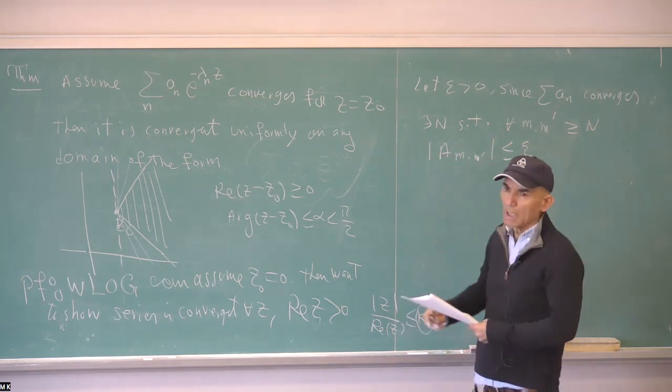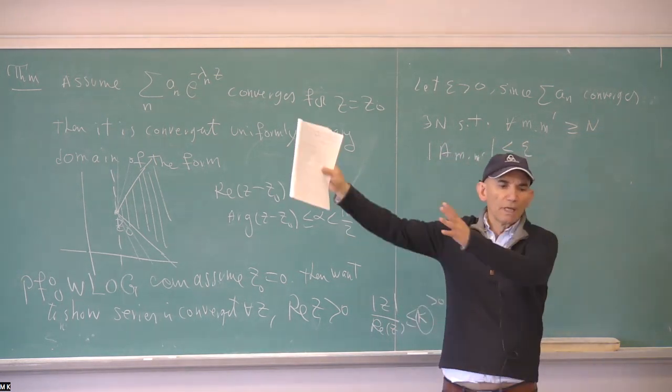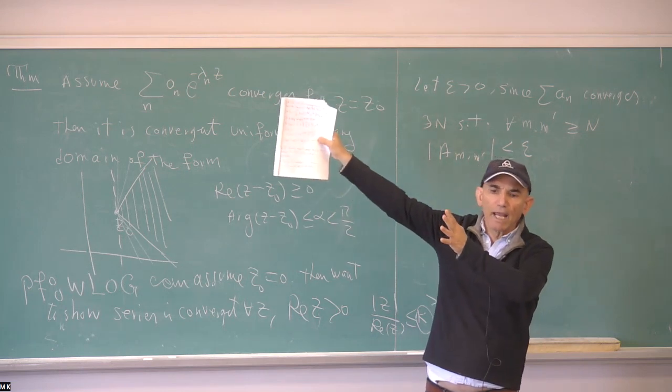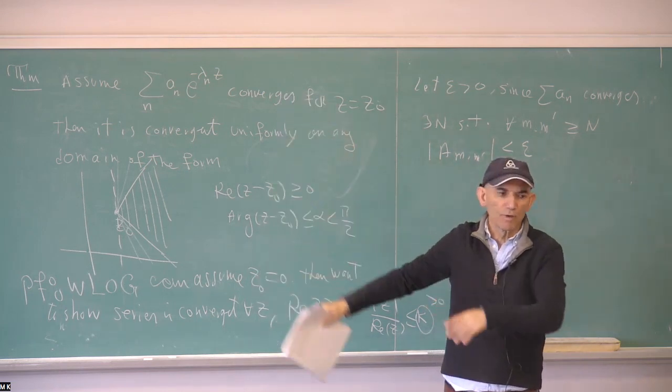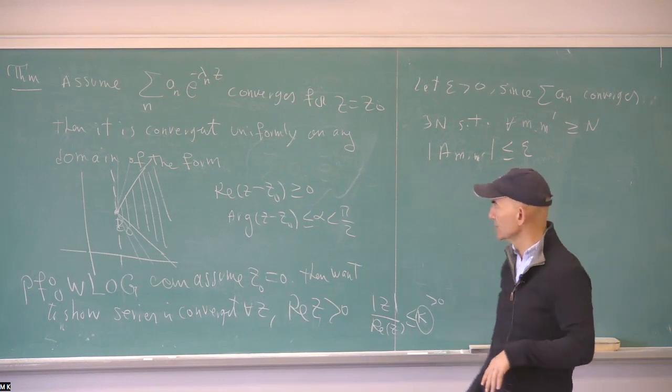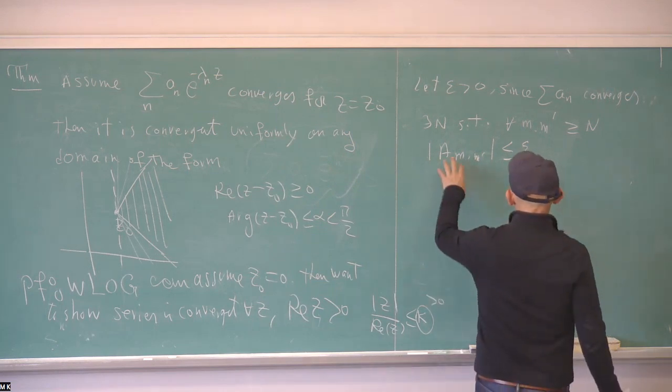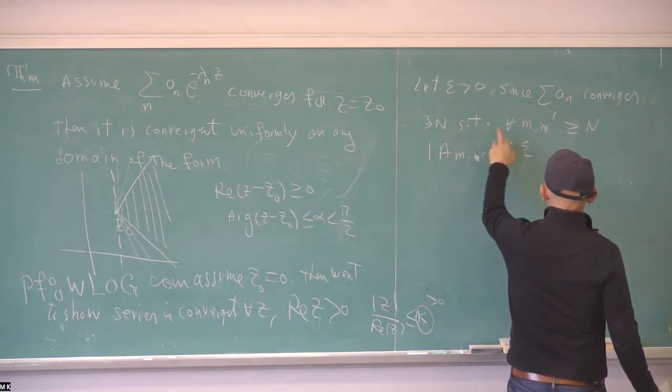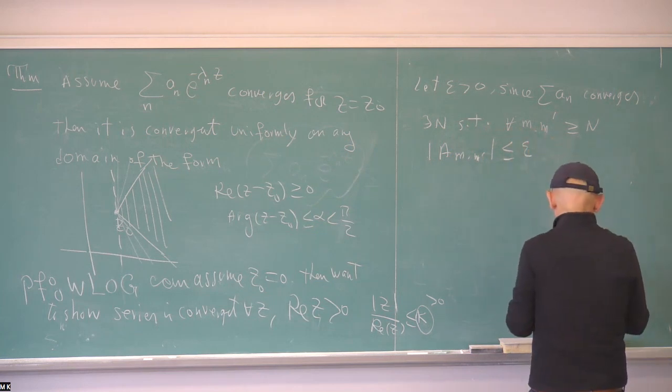If you go forward and take any chunk of the tail, it's going to be small in absolute value. That follows from convergence. Fixing epsilon, there's always such a capital N such that this holds.